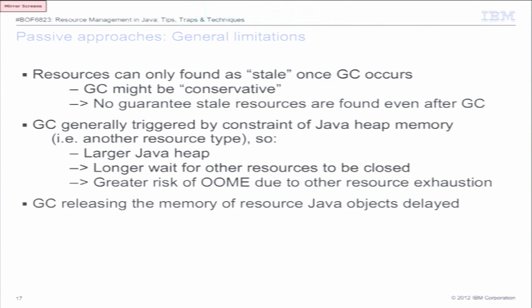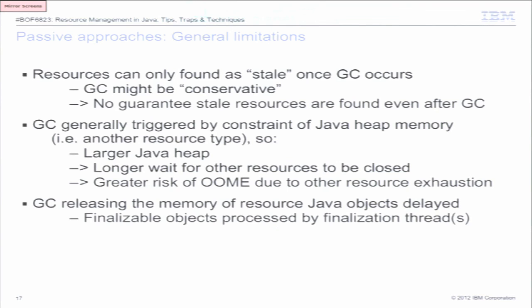The other thing is that through finalization or phantom references, the objects themselves delay GC from actually being able to free up the memory associated with those resource objects. Finalizable objects are processed on the finalization threads, so they have to get through that and have the finalize method called, and then another GC cycle has to happen in order to spot and free up the memory.